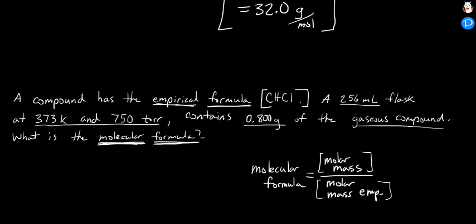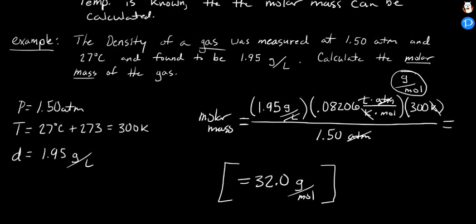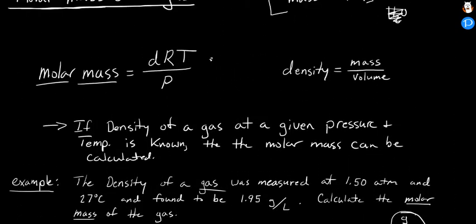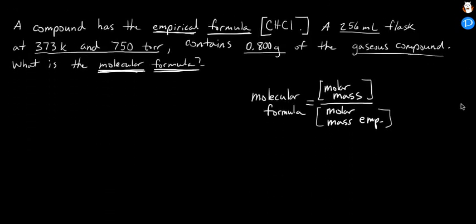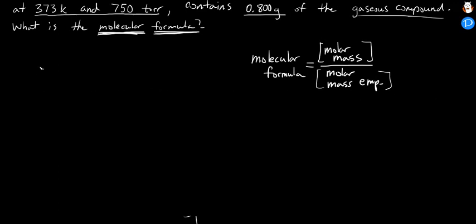Well, good thing we just learned up here that we can figure out the molar mass by using parts of our ideal gas law, right? So let's bring this down here. I'm going to need to use this equation: molar mass is equal to density times our gas constant times the temperature all over the pressure.